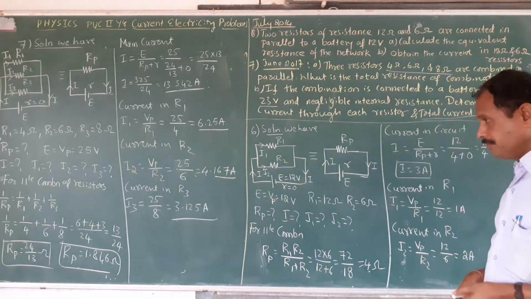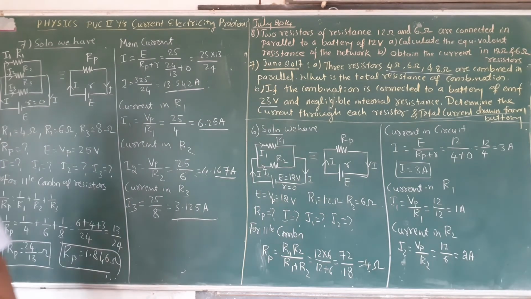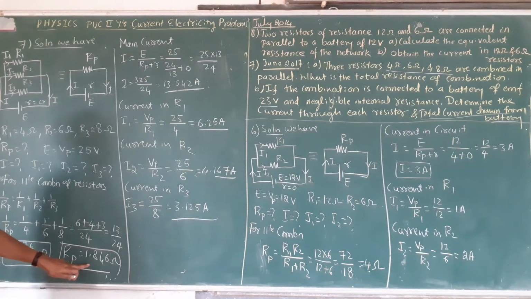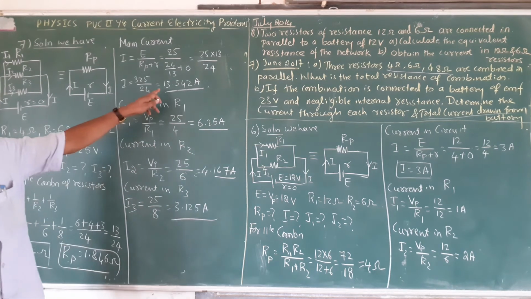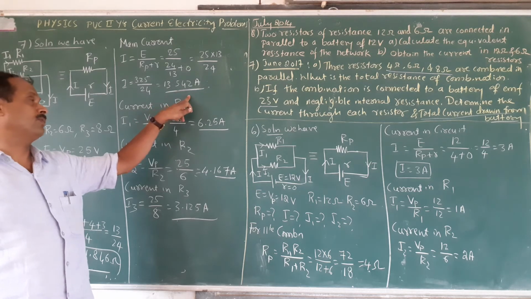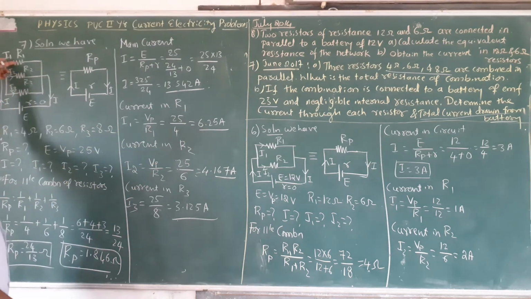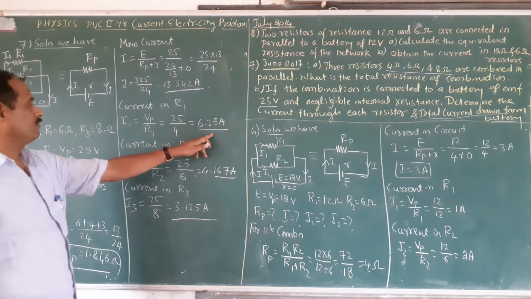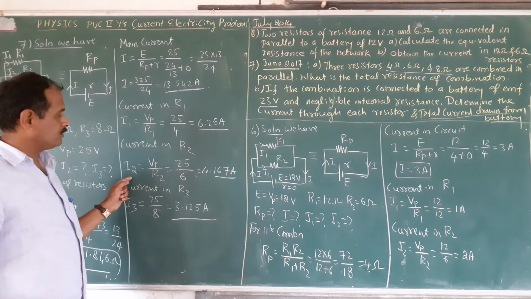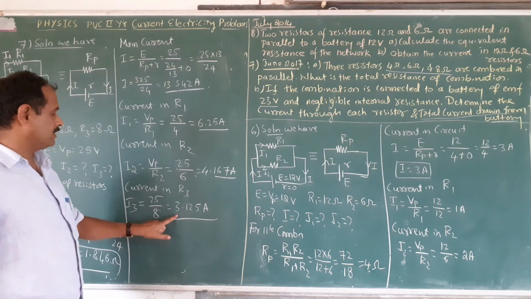First you have to calculate Rp, 24 by 13 ohm, 1.846. Then the main current drawn from the cell in the whole circuit is 13.542. And the current flowing through this resistor is 6.25 ampere, and I2 is 4.167 ampere. Then R3, I3 is 3.125.